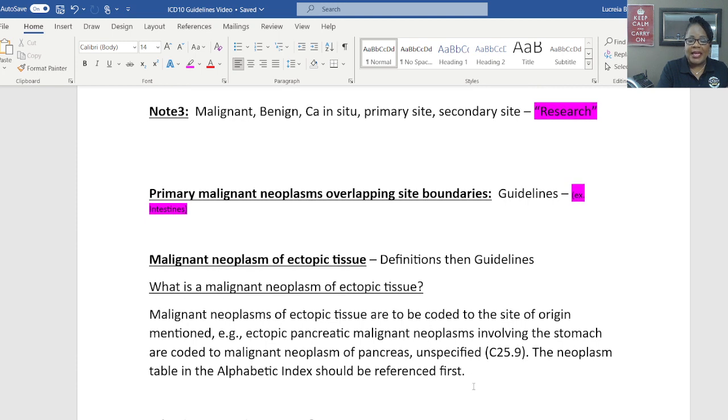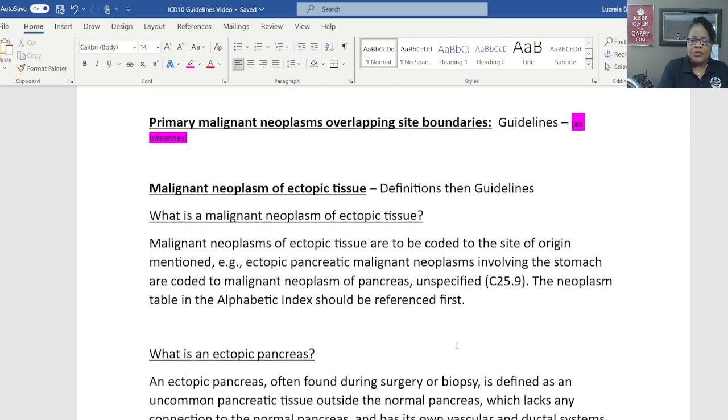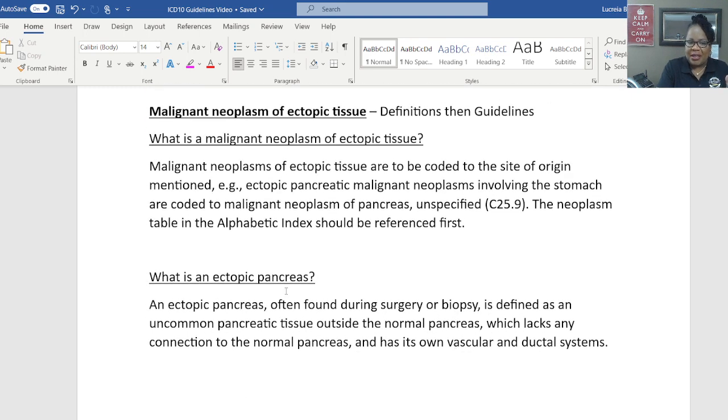The neoplasm table in the alphabetic index should be referenced first, because it does say neoplasm of ectopic or ectopic pancreatic malignant neoplasm. So I would go to neoplasm, but it's saying if it's involving the stomach, then you should code it to the pancreas, unspecified. So what is an ectopic pancreas?